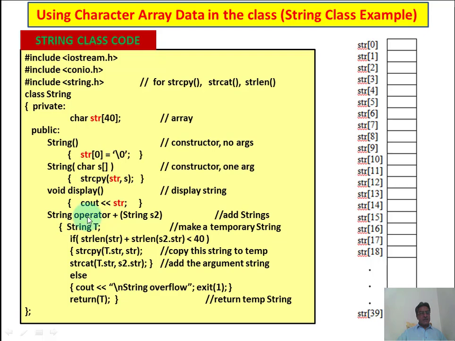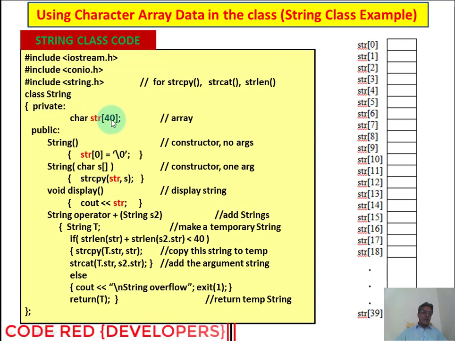This is the string operator plus with string s2. This whole function is concatenating the two strings and returning the result of that concatenation to the main program. We will discuss this function in detail in the next few slides.